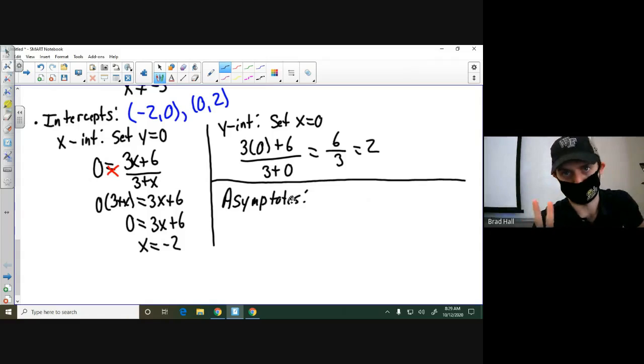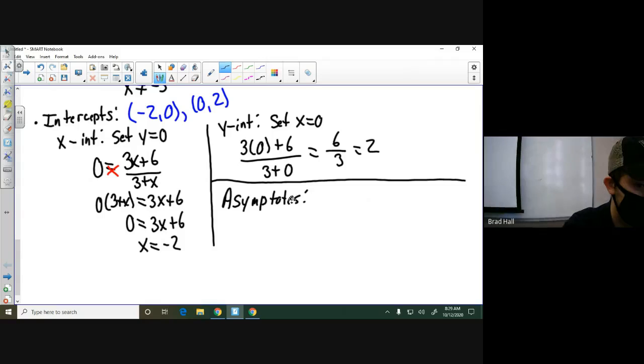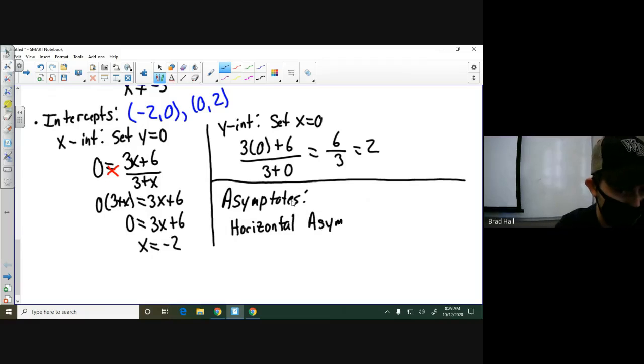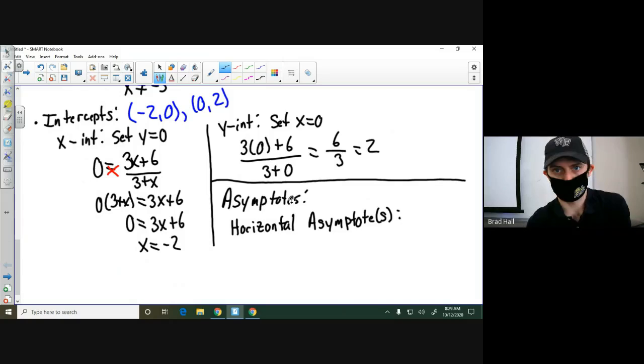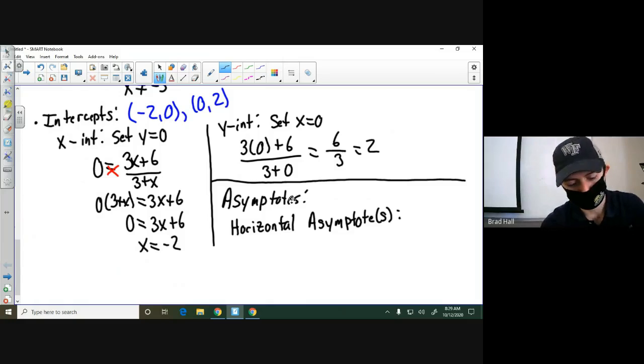So there's two asymptotes, just like how there's two intercepts. There's a horizontal asymptote and a vertical one. We'll start off with horizontal because I'm writing it down first. So the horizontal asymptote, hopefully you remember the criteria for it.